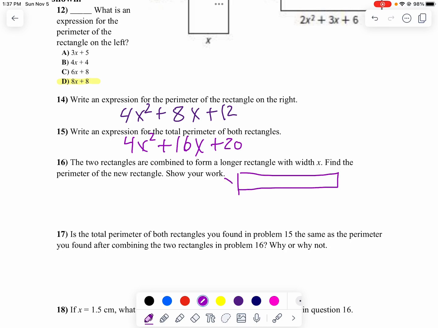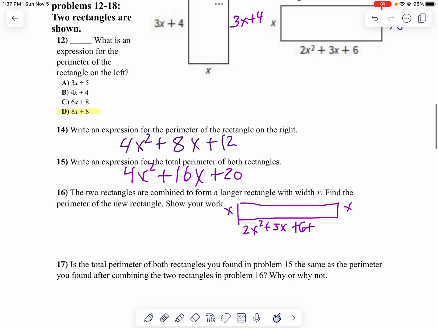So what happens is I know my width is x, and I know my length is going to be 2x squared plus 3x plus 6. And I'll add in my length of my previous one. Got to pull that down, 3x plus 4. So plus 3x plus 4.